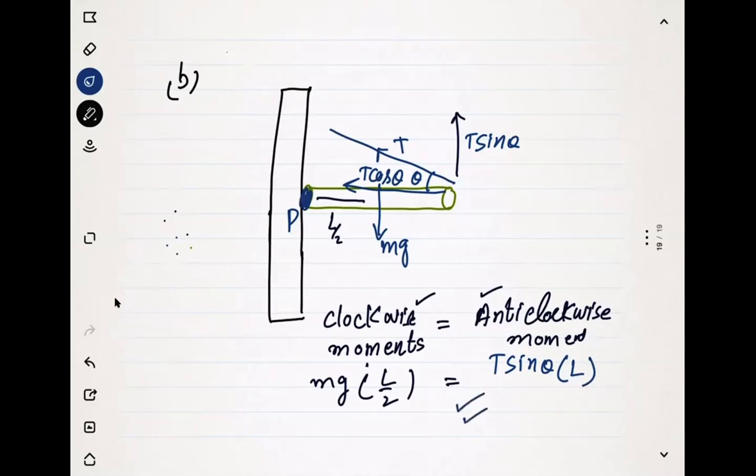So this is the equation, and if we simplify it further, mg into L by 2 is equal to T sine theta into L. This is clockwise moment equal to anti-clockwise moment.